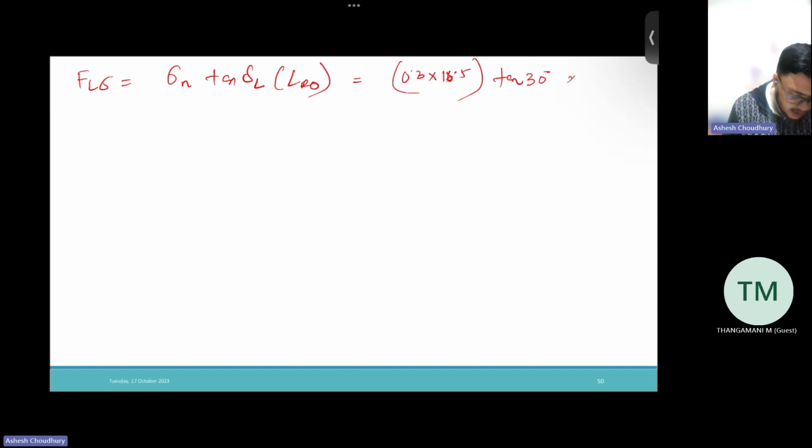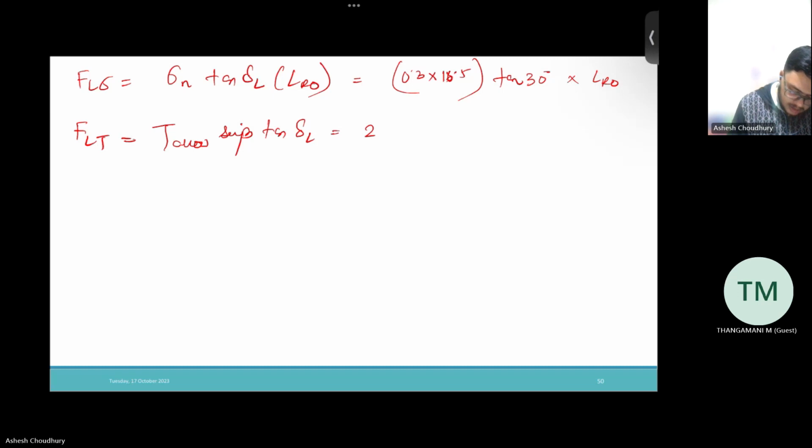What is LRO? LRO, let us keep it. Why, I will tell you. 3 is to 1, so 18.4.